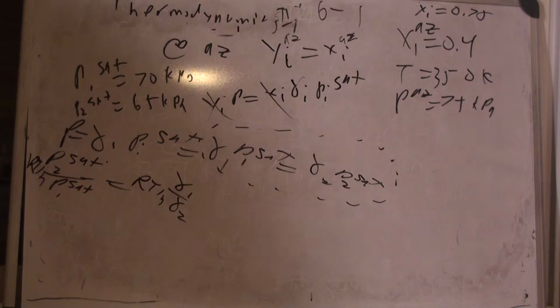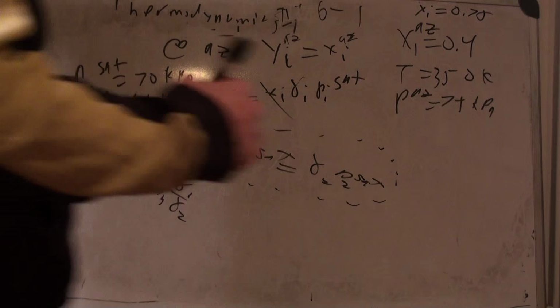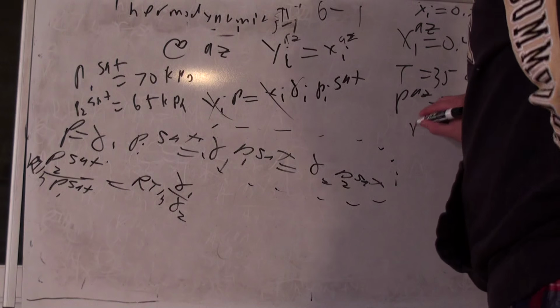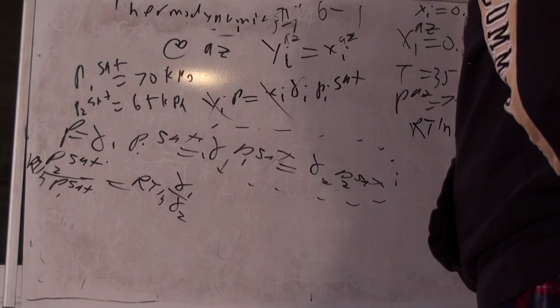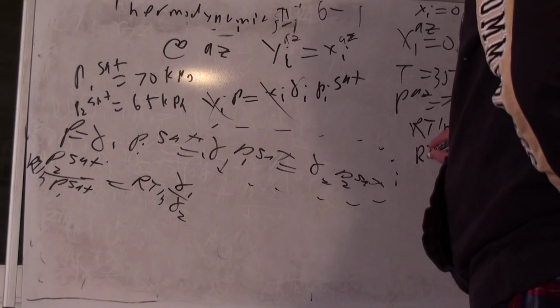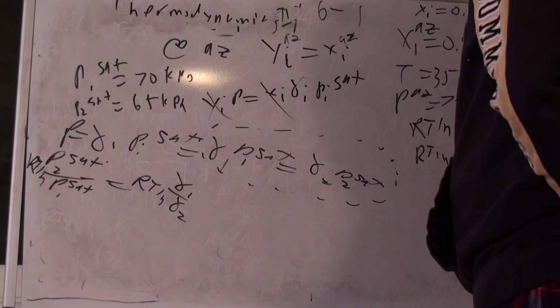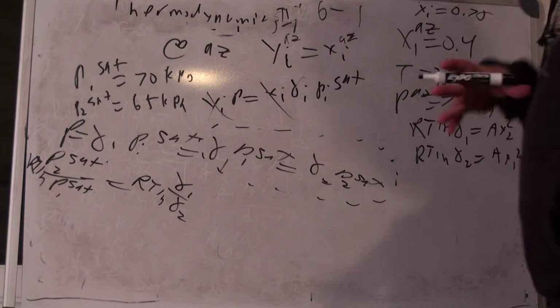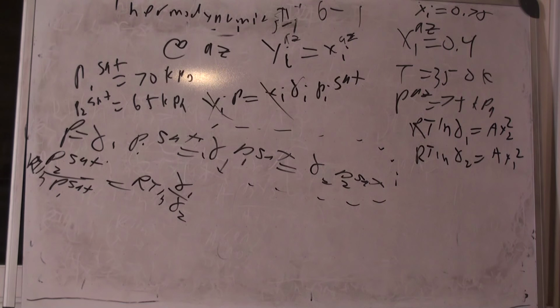on both sides so I can utilize what I know about the Porter model, which says RT natural log of gamma 1 is equal to A x2 squared, and RT natural log of gamma 2 equals A x1 squared. And some of you out there in the interwebs might say, oh, that's not the two-suffix Margules, that's not the Porter model, there is no RT.